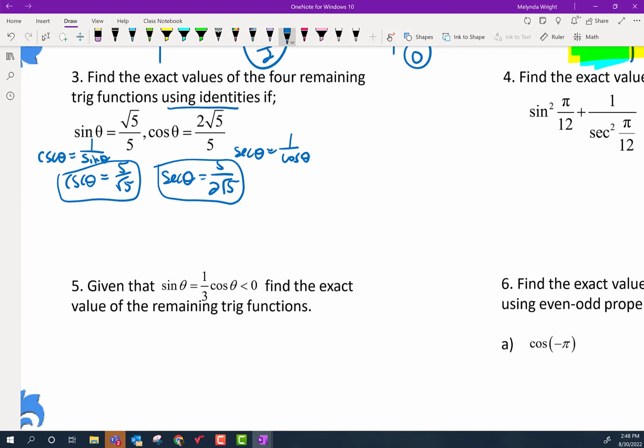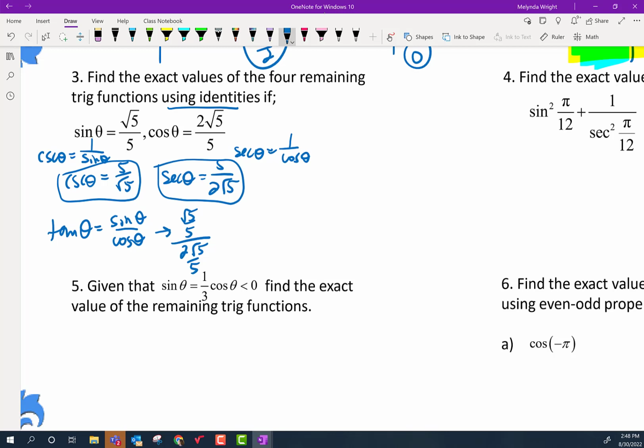So let's think about tangent. Tangent is sine over cosine. So what could we do? We could do sine, which is root 5 over 5, over cosine, which is 2 root 5 over 5.